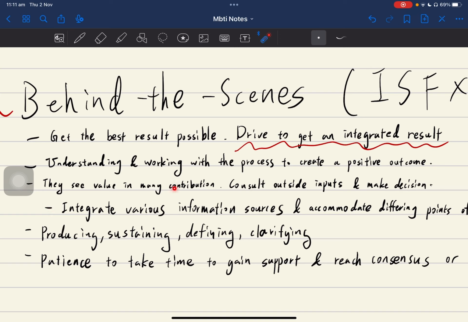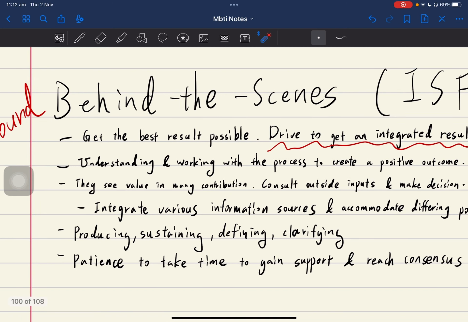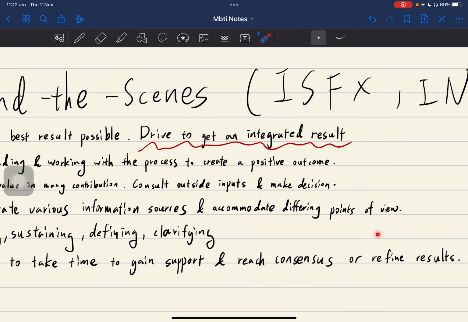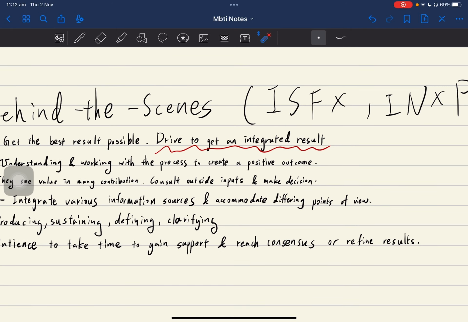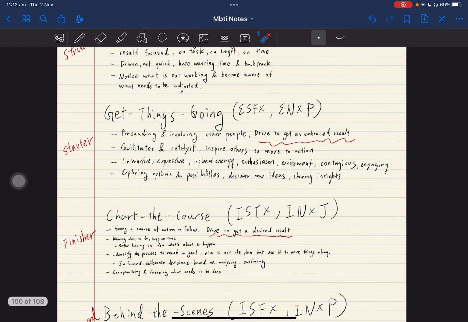They see value in many different contributions and consult outside input to make decisions and integrate various information sources, and accommodate different points of view. Producing, sustaining, defining, clarifying, these are the kind of things they like to do. And they prefer to take time to gain support and reach a consensus or refine results as much as possible. So these are the behind the scenes type.